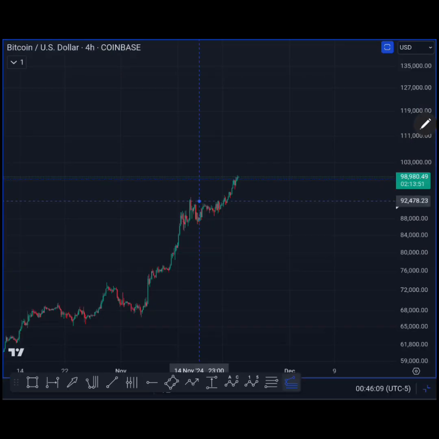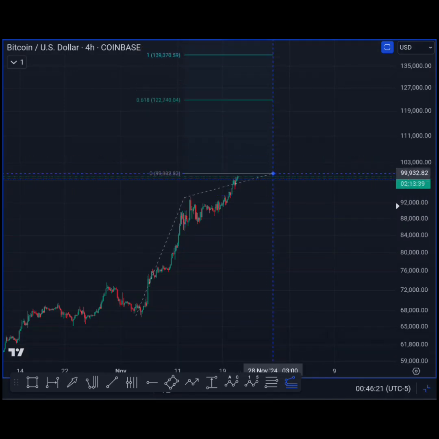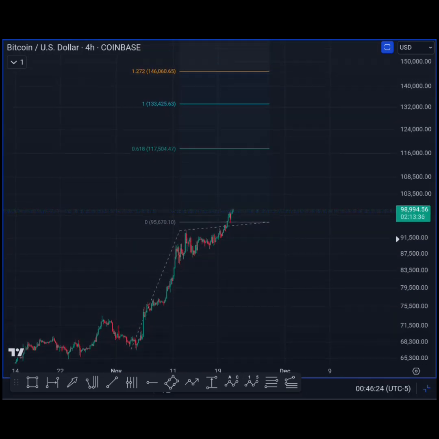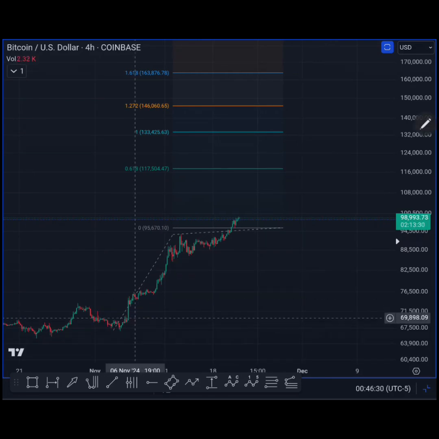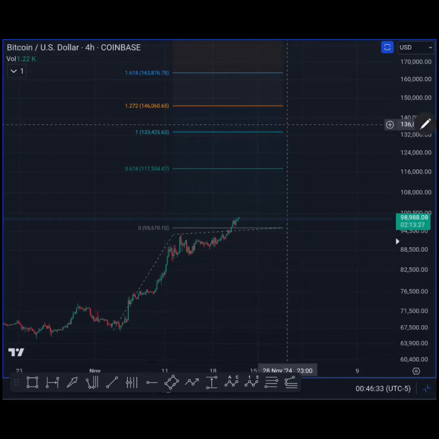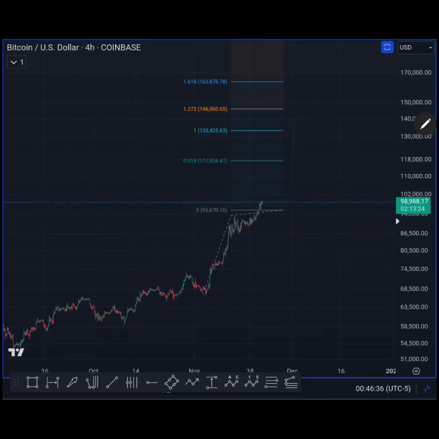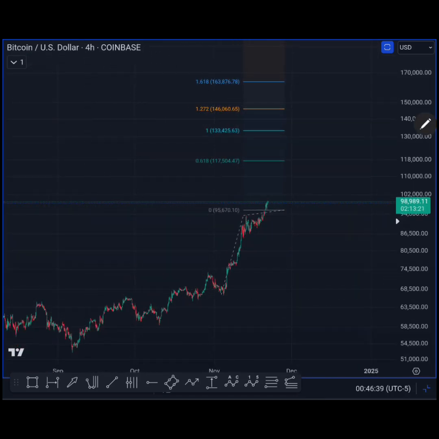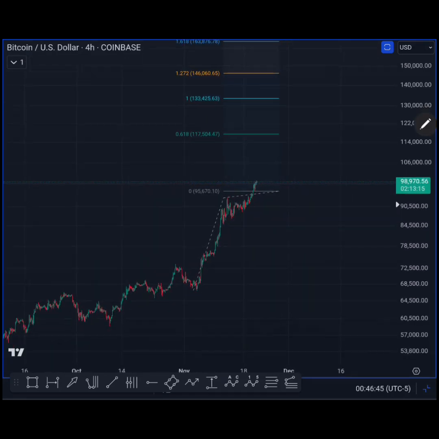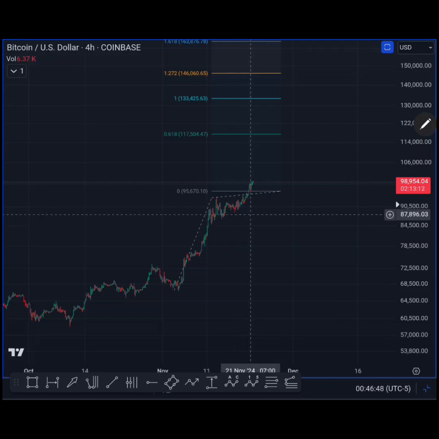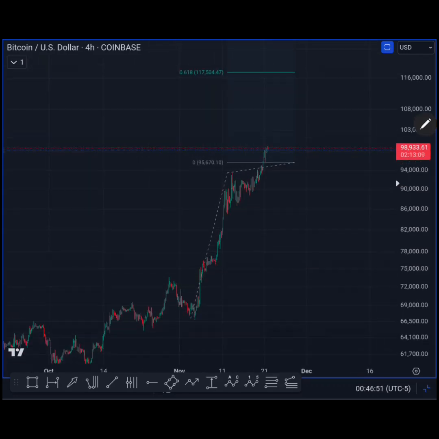For targets on that, I would take a log scale on fib measurements and measure from that high the potential zigzag low that pops up, and I would project a target up to 133 to a potential 145 area, and that would just be repeating this move up, and that would be pretty bullish, because then you would still be repeating all of these moves here, and those would probably get you up to the 180. So definitely something to watch for. Also something to watch for is a sweep of this liquidity. So hope that helps you guys.